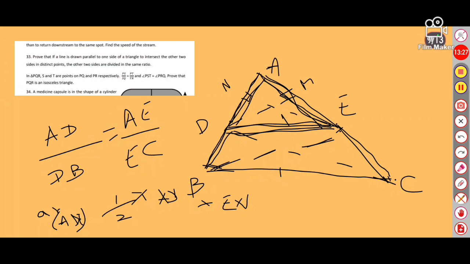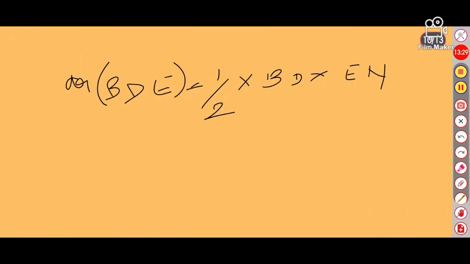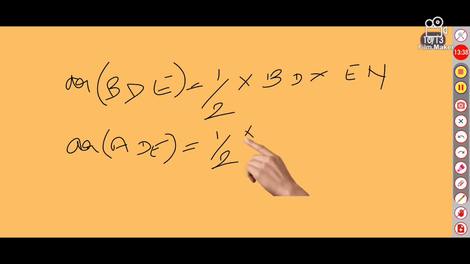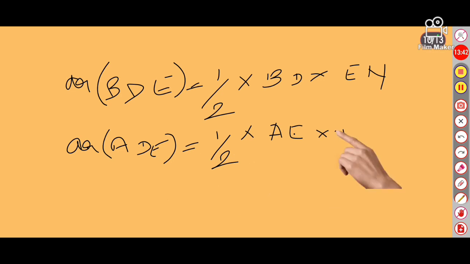Now we are rewriting the value of the area of ADE, that is half into DM. Why? Because this DM is another perpendicular inside the triangle ADE.